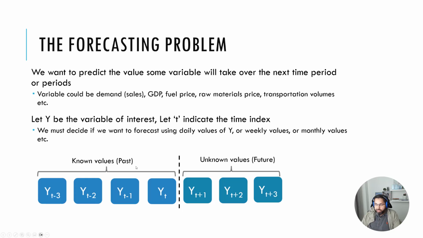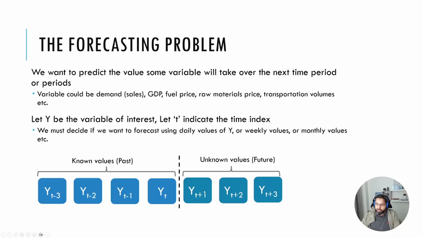And we can see from this picture that the dotted line separates the future from the present and the past. And so right now we have observations up to YT, let's say all the data up to October. And now we have to forecast the demand for November, December, and January.